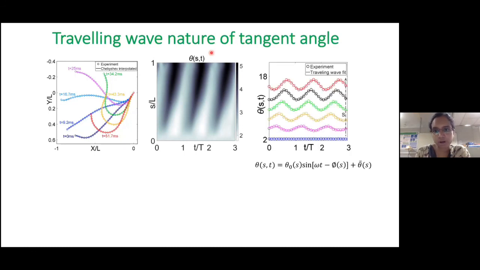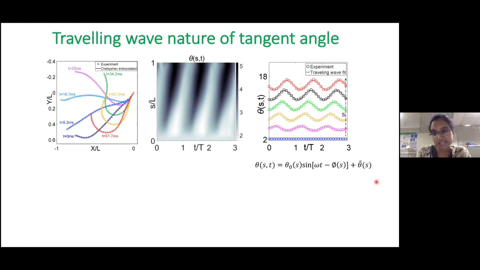So if you plot the tangent angle for many different arc lengths, where S is the arc length and L is the length of the filament, you are non-dimensionalizing the arc length with the total length of the filament and time with the time period of the beat. And what you find is that you can fit a traveling wave like behavior with an average shape superposed on it.